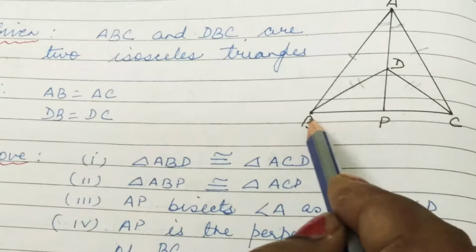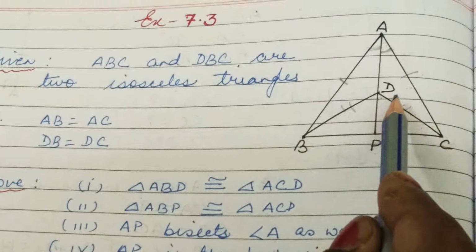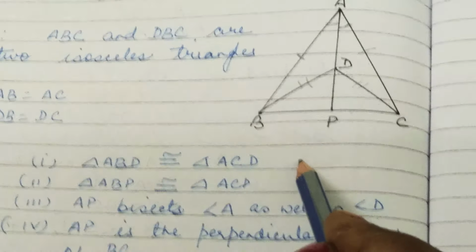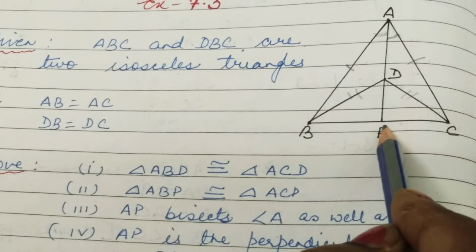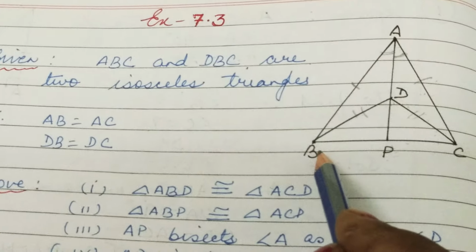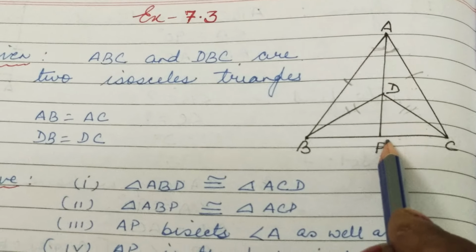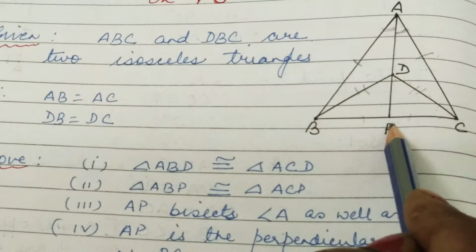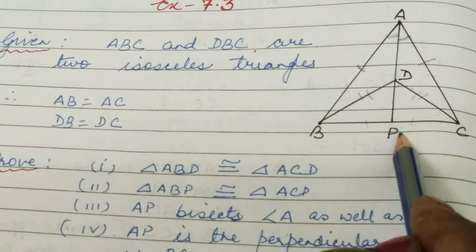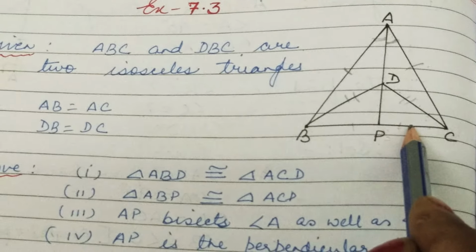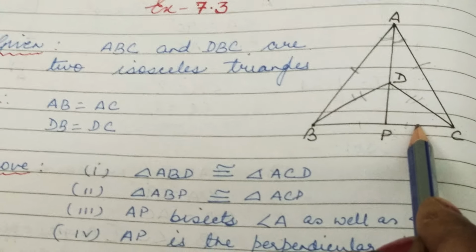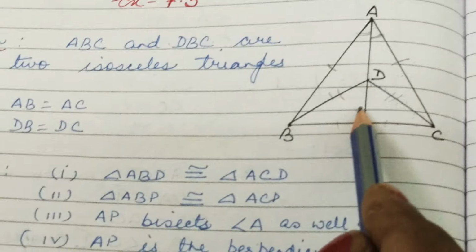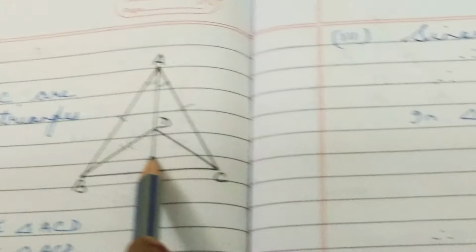In this triangle, BD equals CD. It is given because triangle DBC is an isosceles triangle. DP equals DP, common, and BP equals CP. Why? Because triangle ABP is congruent to triangle ACP. So BP equals CP by CPCT. Therefore, the two triangles are congruent by the SSS congruency rule.